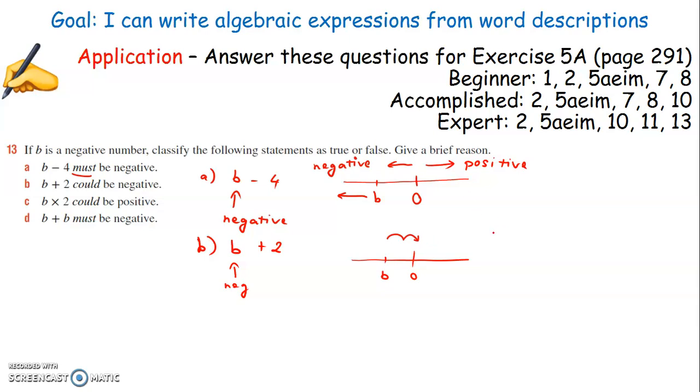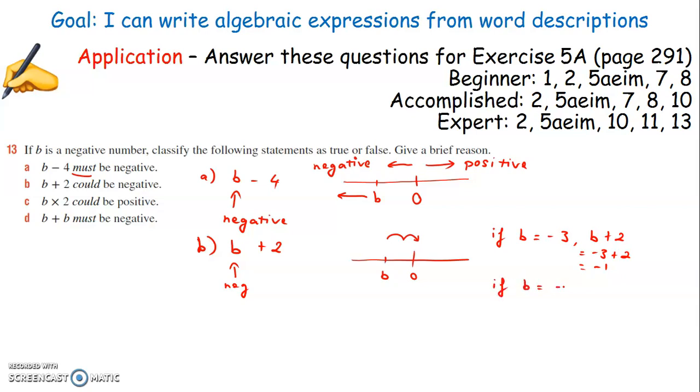So if B is equal to -3, well, B plus 2 would be equal to -3 plus 2, and that's going to give us a -1. So that's a negative. Does that mean that this sentence is wrong? Well, we can try another one, can't we?